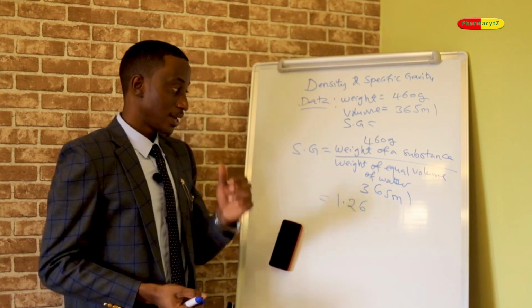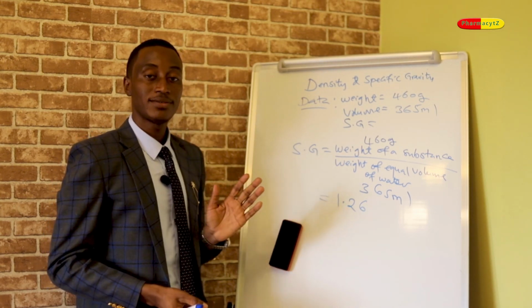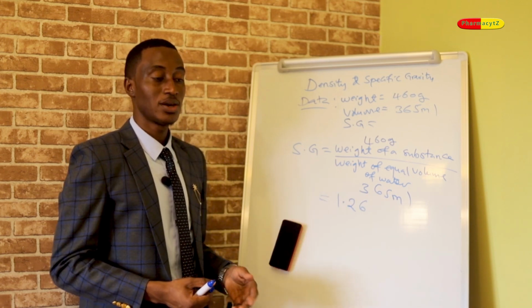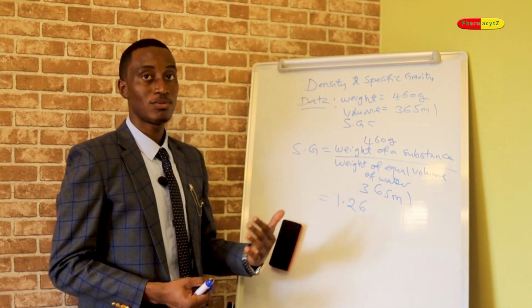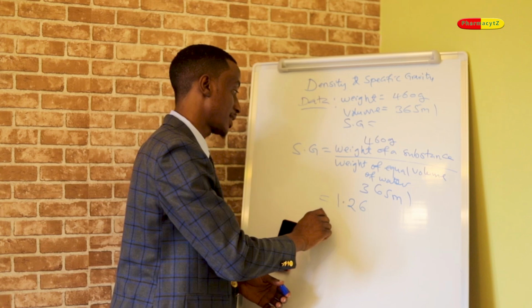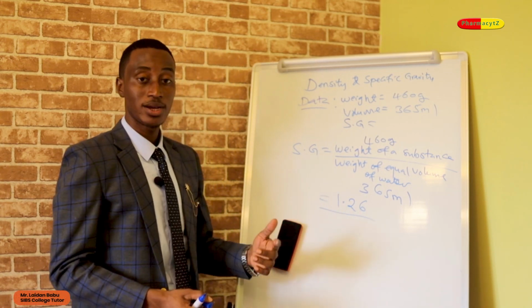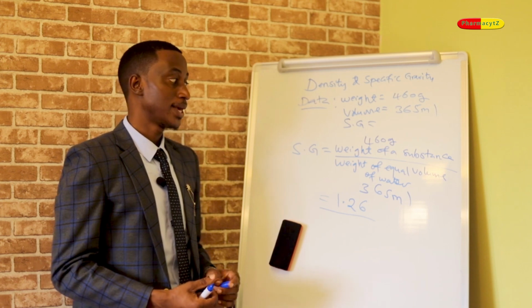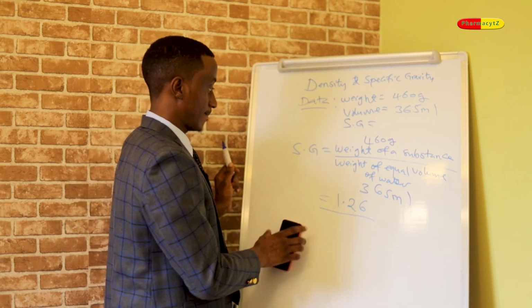Now, mind you this, specific gravity has no SI unit because we are assuming this to be the weight of equivalent volume of water. So that remains plain. While on the other hand, density has got the SI unit of gram per mil.